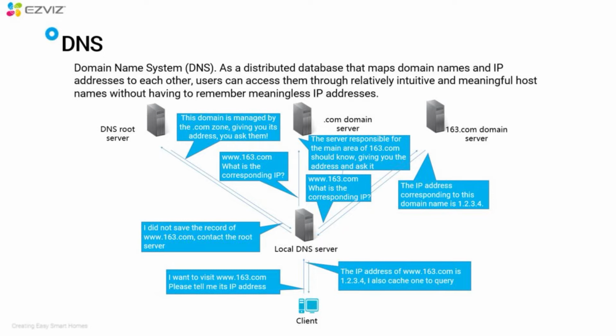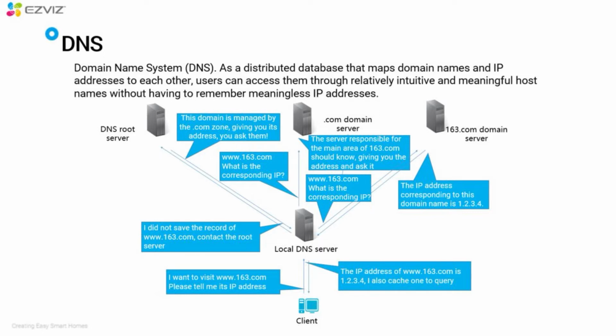Then the local DNS server can access the google.com domain server to find the corresponding IP address for the domain name. Then our clients can access the website they want.